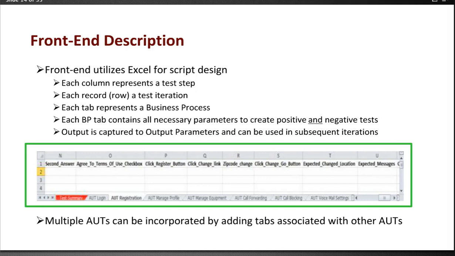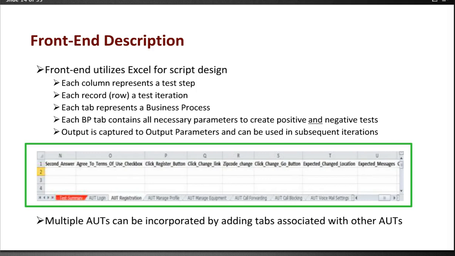So you would have columns in your spreadsheet defined as output parameters, and you can use output parameters to write values and customize your reports, or even much more likely, to utilize those values written in subsequent iterations.